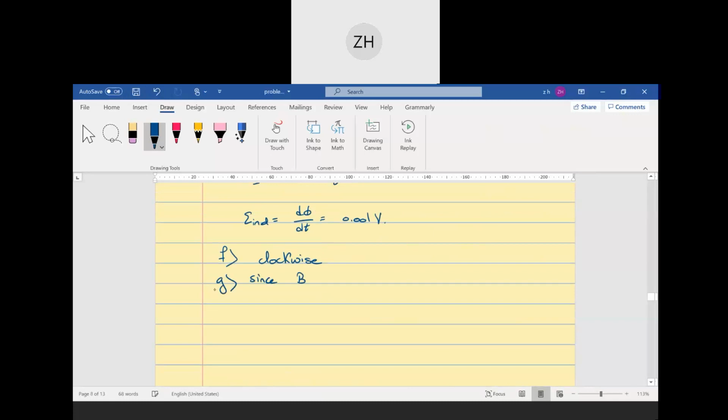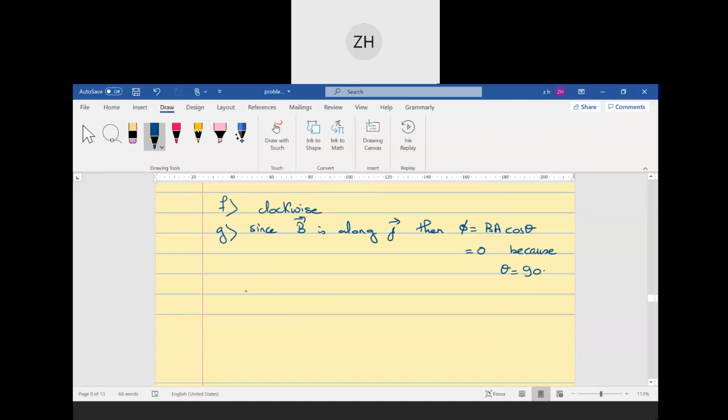Since B is along j, phi, which is BA cosine theta, will be 0 because theta is equal to 90. So the flux is going to be 0, and then the induced EMF is just going to be 0. There is no flux passing through our loop. And for part H, there is no direction to talk about.